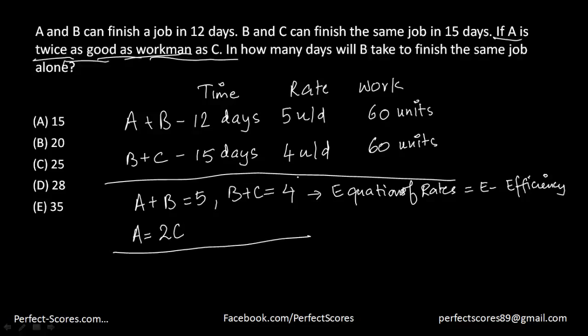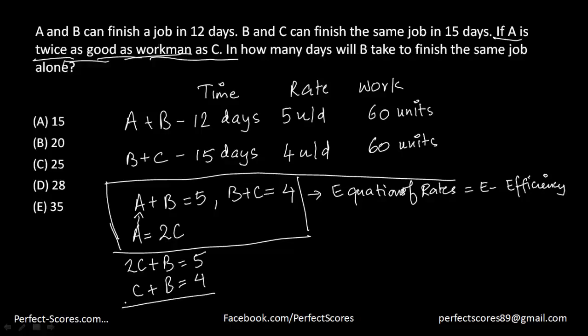So we have these three equations from which we have to calculate the answer. A is equal to 2C. So I will substitute the value of 2C here. So 2C plus B would be equal to 5 and B plus C would be equal to 4.